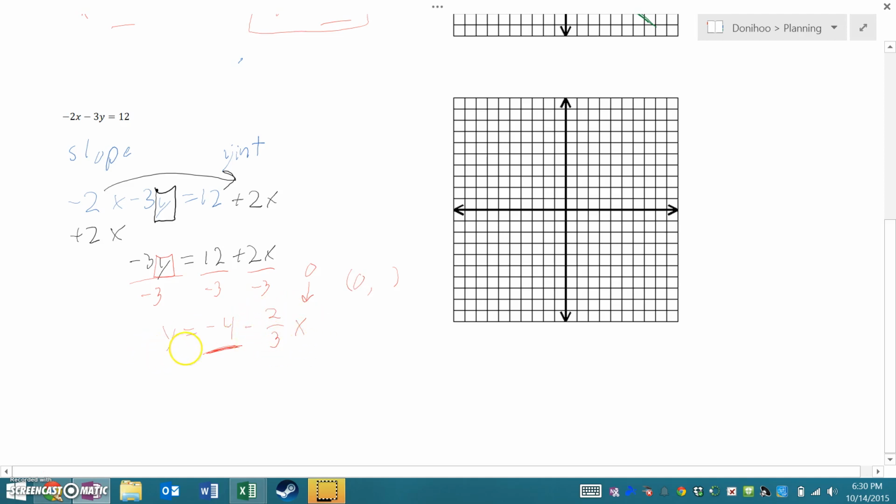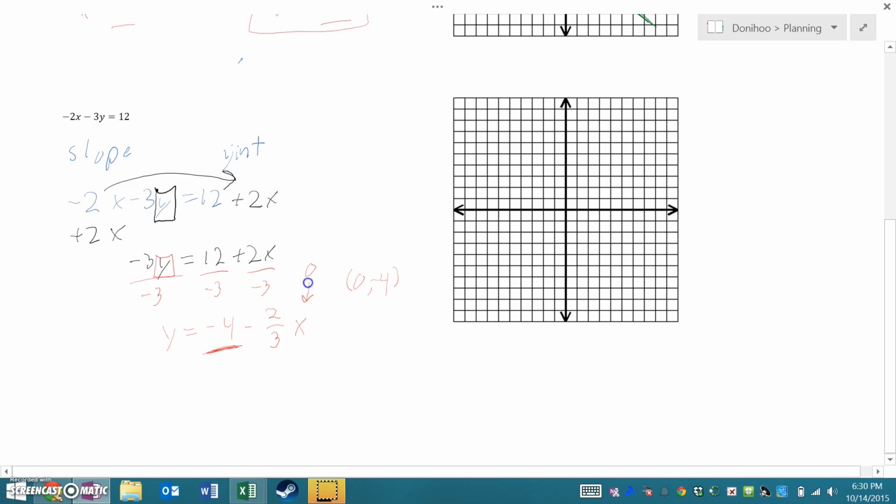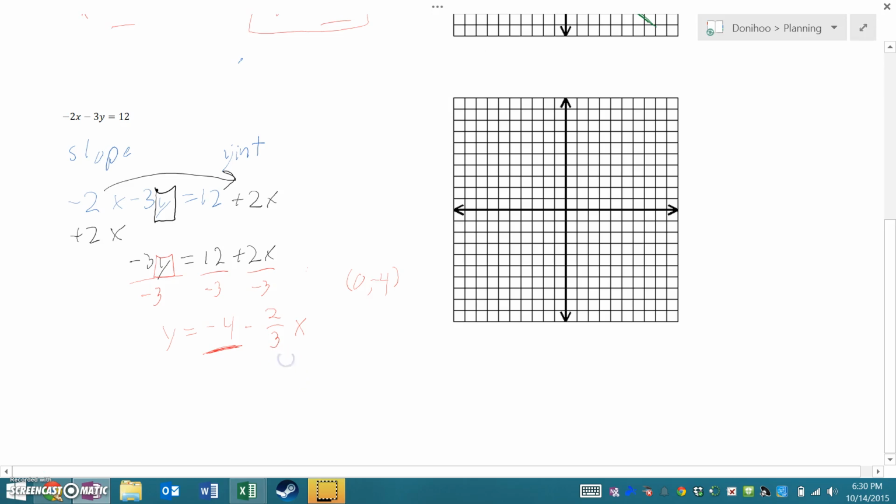The only thing left over would be y equals negative 4. Boom. There's my y-intercept. Now there's only going to be one other number in the equation, and that's going to be your slope. So this right here, that's my slope, negative 2/3.